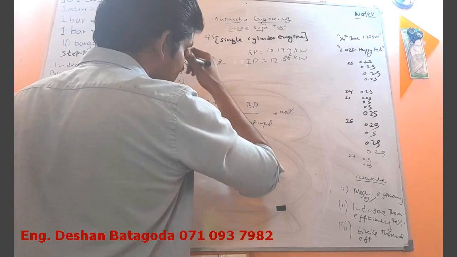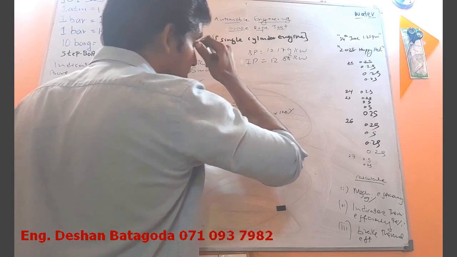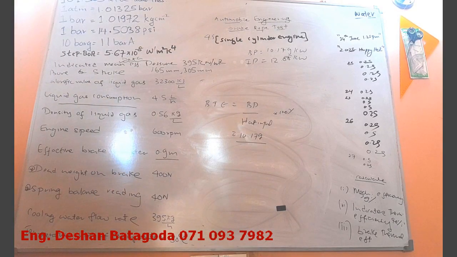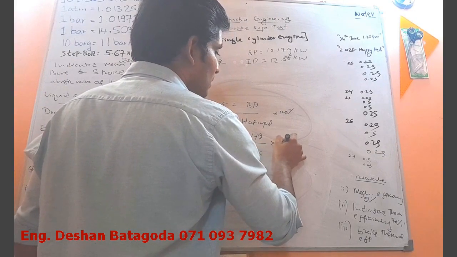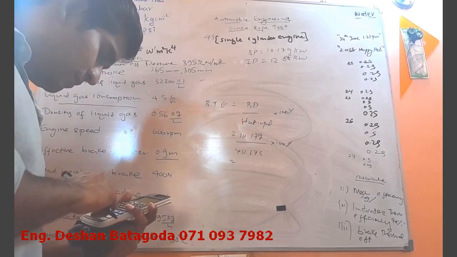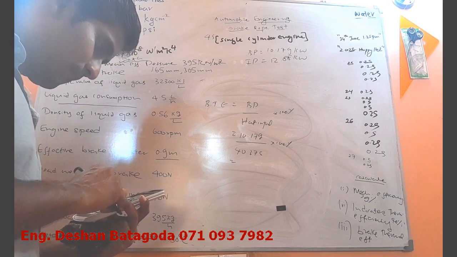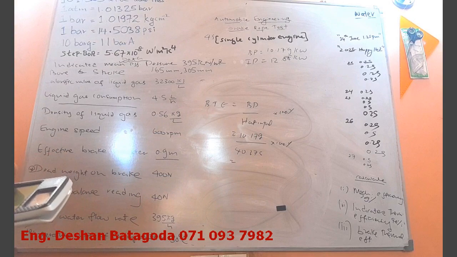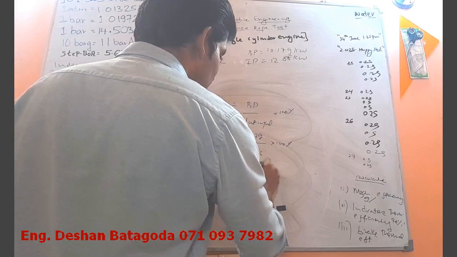We know the brake power is 10.179, divided by the heat input we already calculated in the previous step, 40.375, into 100%. Calculator, please. The answer is 25.21%.